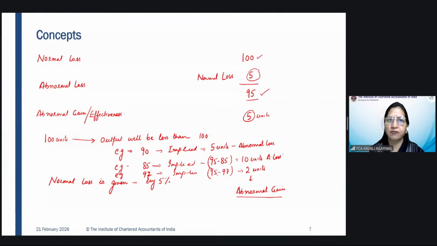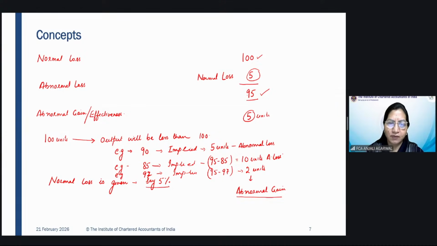So because of the way they have processed, or maybe because of the equipment, or maybe because of the environment in the factory or production department or the process, they were able to produce 2 units more than what was expected from them. So these 2 units become abnormal gain or abnormal effectiveness.